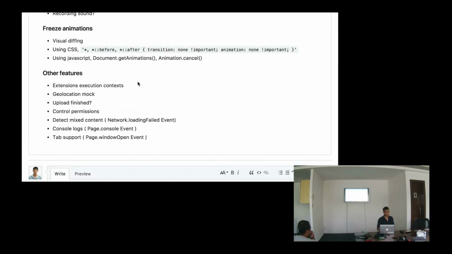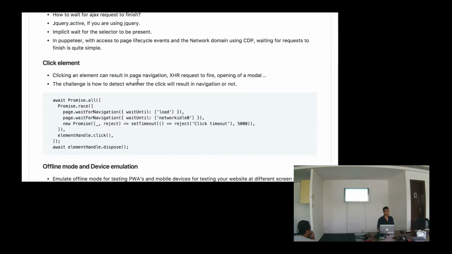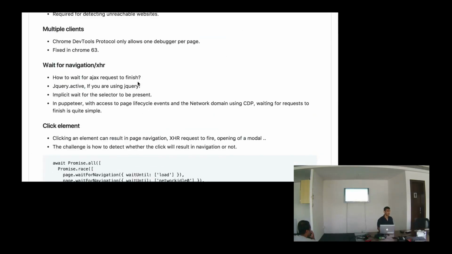Another thing I wanted to add: who would like to migrate to Puppeteer right away? I think those are the Phantom.js guys, because when Chrome Headless came out, the lead developer of Phantom.js stepped down, so Phantom.js is currently not in development. A lot of those people are migrating over to Puppeteer for their test suites.